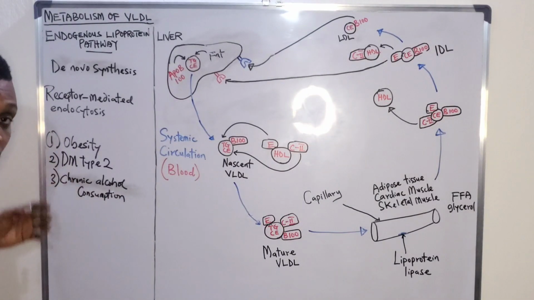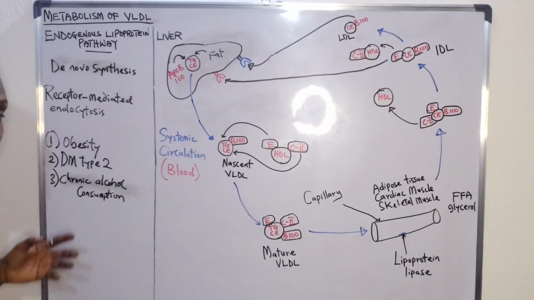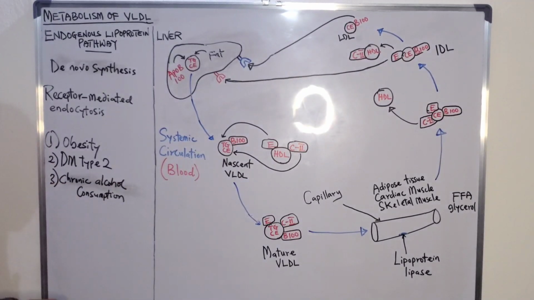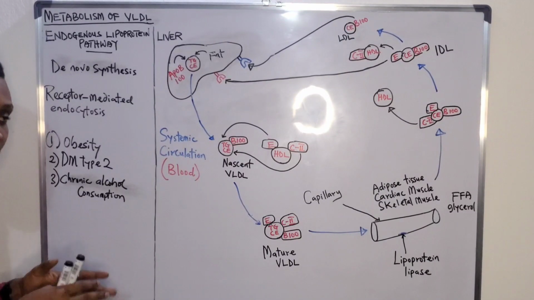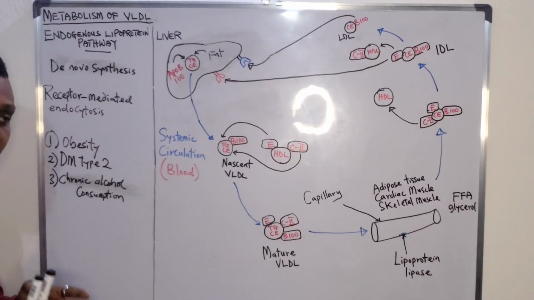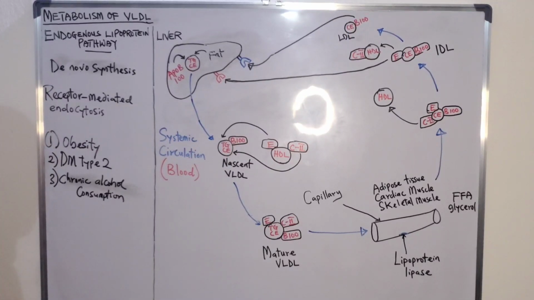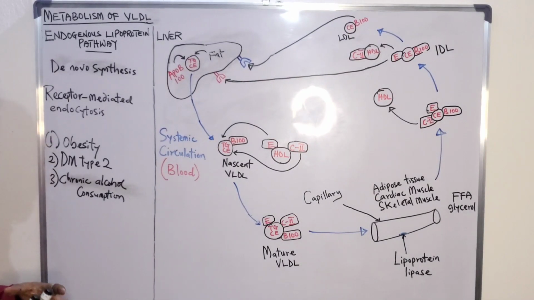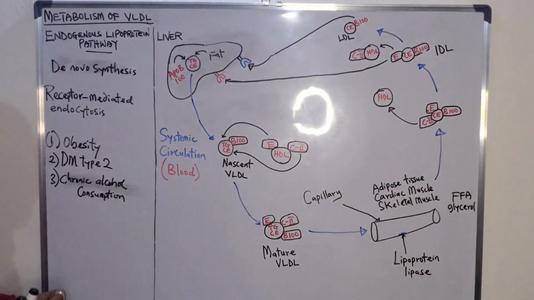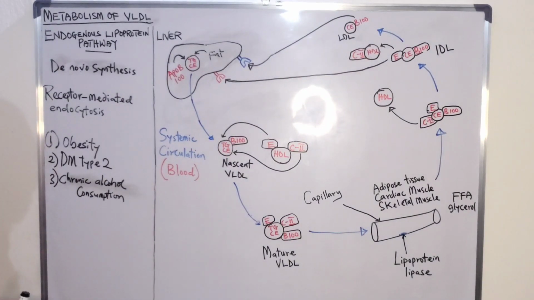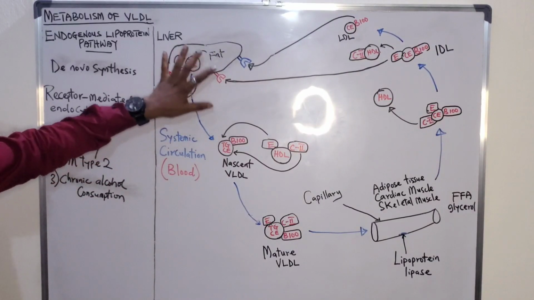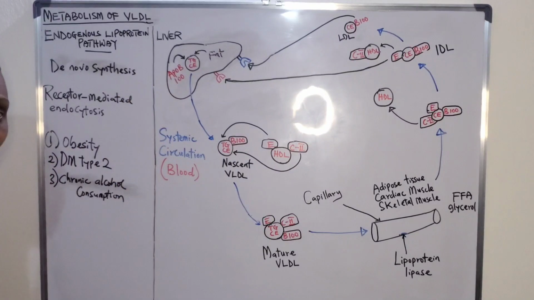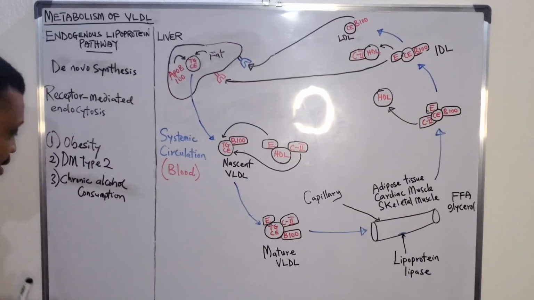So in these conditions, obesity, diabetes mellitus type 2, and chronic alcohol consumption, there is an imbalance between the synthesis of triglycerides and the synthesis and release of very low density lipoprotein. That is because more triglycerides are synthesized compared to the amount of VLDL that is synthesized and secreted into circulation. And that will result in oversynthesis and accumulation of triglycerides or fat in the liver, which is referred to as hepatic steatosis.